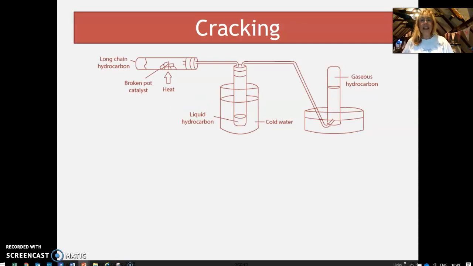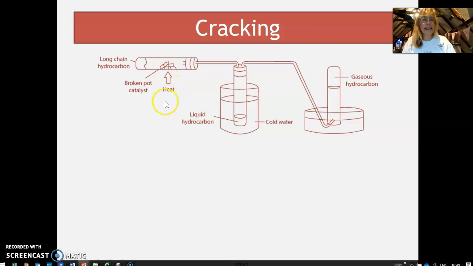Okay, now this experiment can be a little bit scary, so I'm going to explain to you how we do this. Over here, I am going to heat a long chain molecule like paraffin. Inside this boiling tube, I've added some broken pot, which is my catalyst, aluminium oxide.